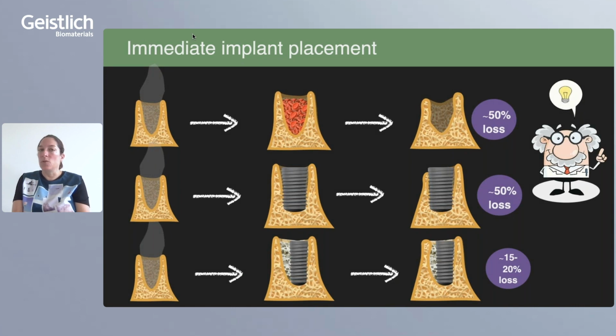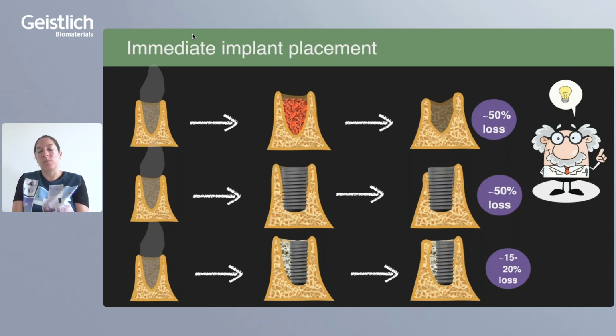So the idea would be very good, being able to place an immediate implant and not have the bone resorption, but as you see here from these results, from these clinical studies, the bone resorption will still happen even though an implant is placed.